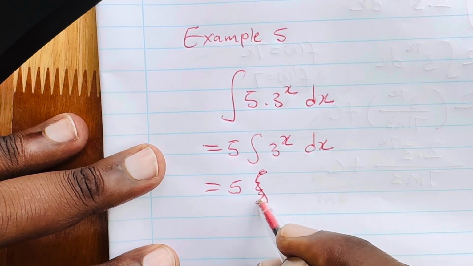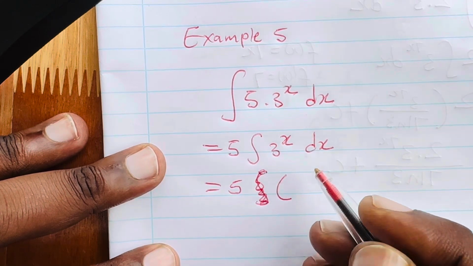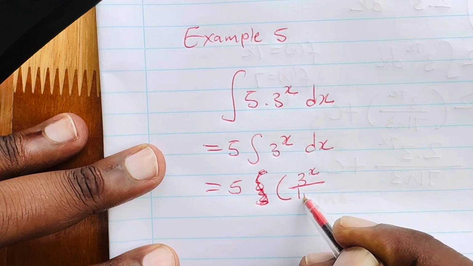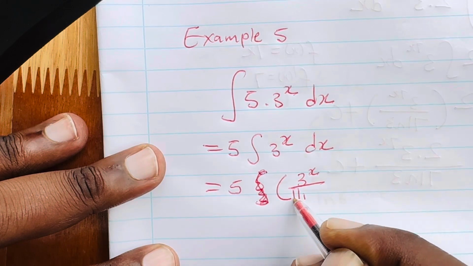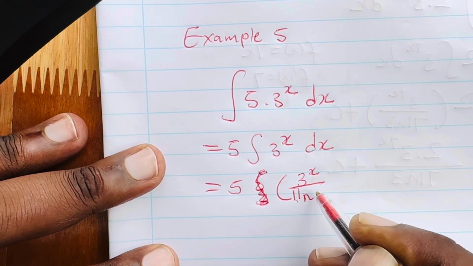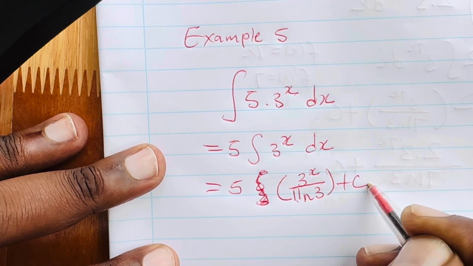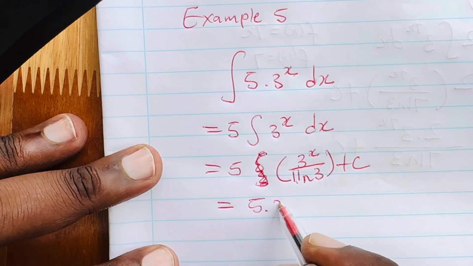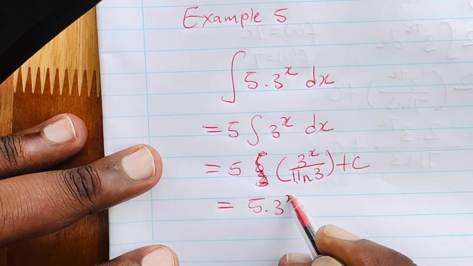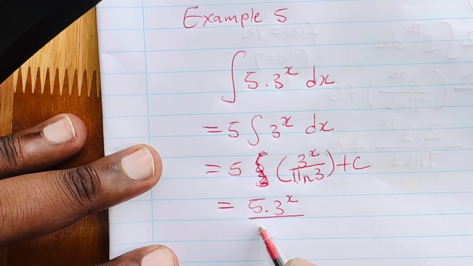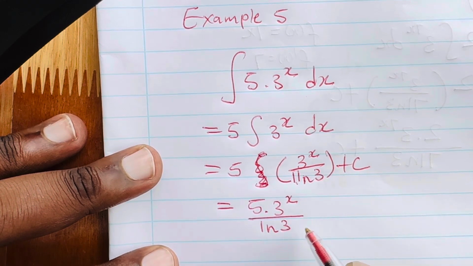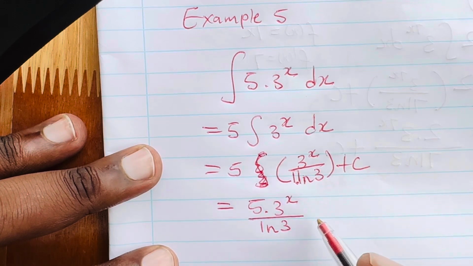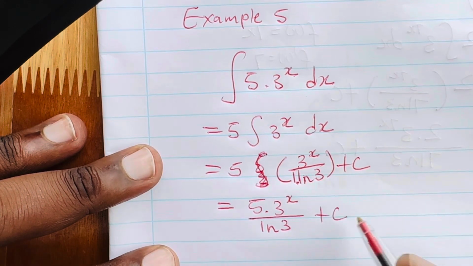Now we start integrating: we have 5 times 3 raised to the exponent of x divided by 1 multiplied by ln of 3, plus c. That means 5 multiplied by 3 raised to the exponent of x divided by ln of 3, because 1 multiplied by ln of 3 is ln of 3, plus c.